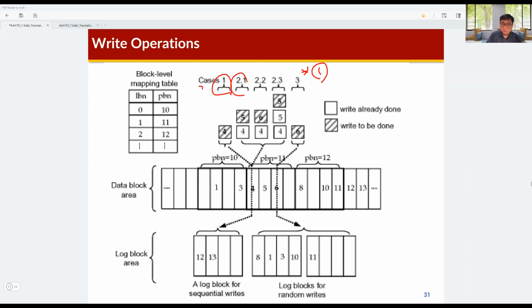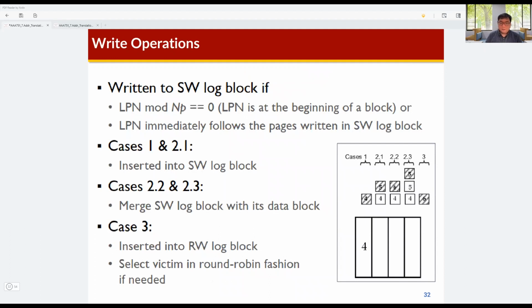So in this slide, the resolution is not good, but there are cases 1, 2.1, 2.2, and 3. Okay, so let's see these cases.